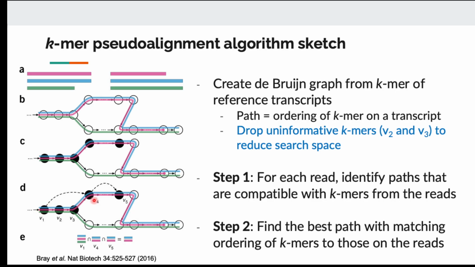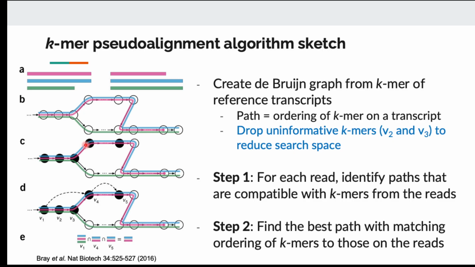And now, the other thing that we can tell is this read cannot distinguish between the pink or the blue isoform because both of them have the same k-mers that are common to our read. But the fact that we don't need to do dynamic programming, we just need to figure out which of these k-mer paths match the one that we saw on the read.